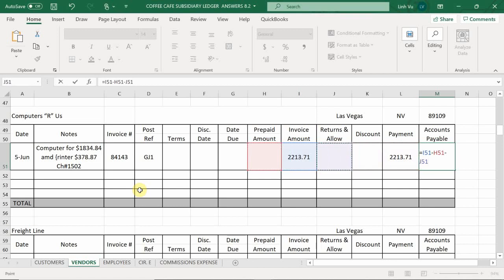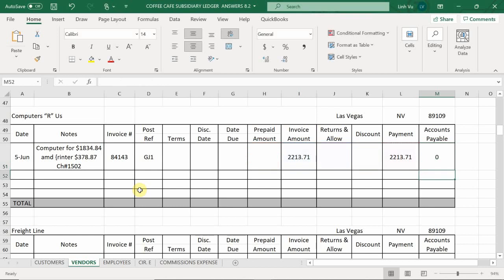No. So the formula once again is your invoice amount, the total amount that you paid for. A down payment prior to buying would decrease it. You would also decrease it if you return something, or if you were given a discount. But in this case, you weren't given any terms, so no discount. And of course, a payment would decrease the amount that you owe. So in this case, you owe Computers R Us $0.